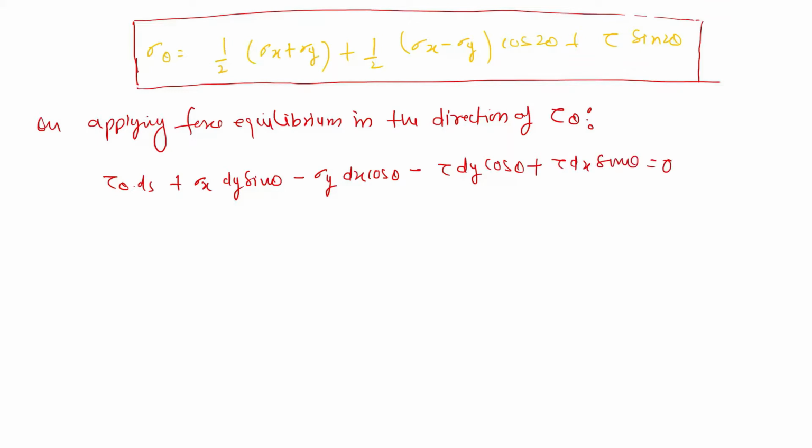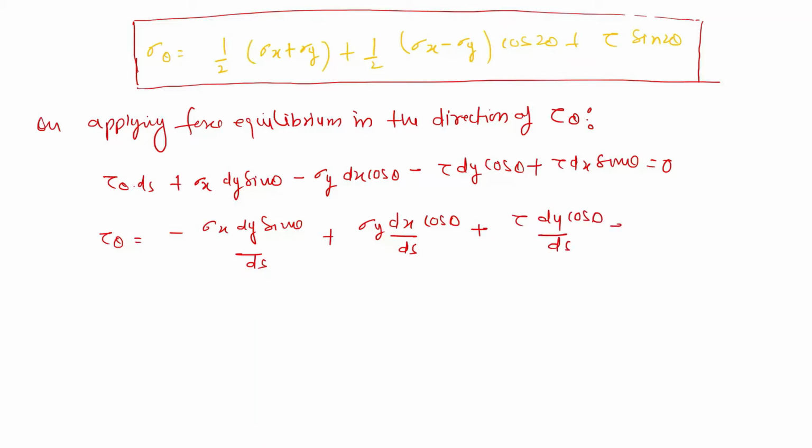So tau theta is equal to minus sigma x dy sin theta over ds plus sigma y dx cos theta over ds plus tau dy cos theta over ds minus tau dx sin theta over ds.